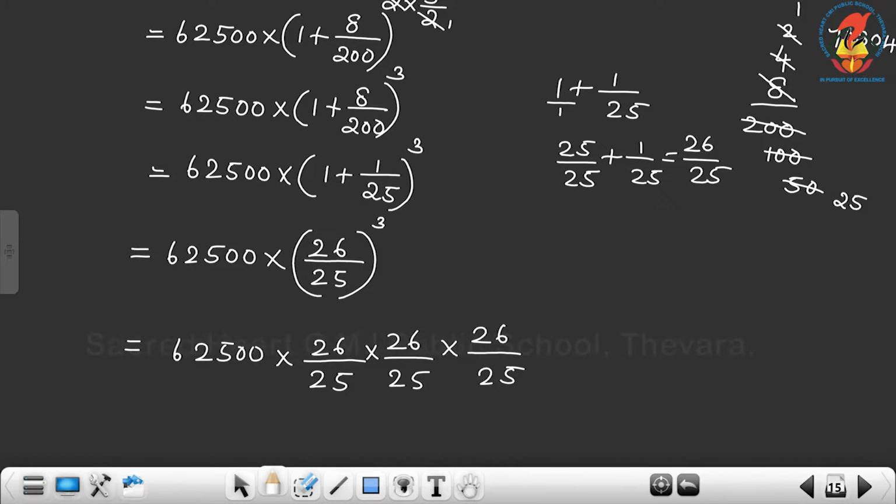Now 25 and 625 you can cancel. 25 one time, here it is 25, then 2,500 you will get. Again 25 and 2,500, 100. Again with the 25 one time, here it is 4.